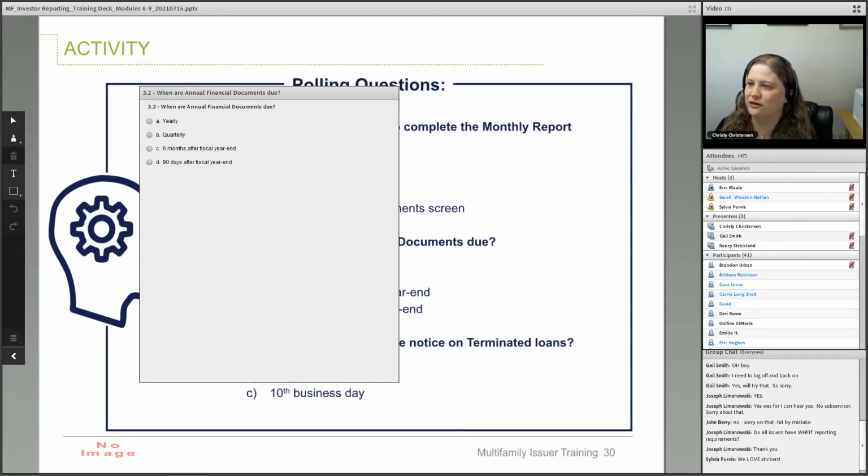Okay, I'm going to go ahead and end the poll. So the correct answer is D, because it would be 90 days after your company's fiscal year end. And so, yes, even though they are due yearly, they're not like calendar yearly. They are due 90 days after your company's fiscal year end.